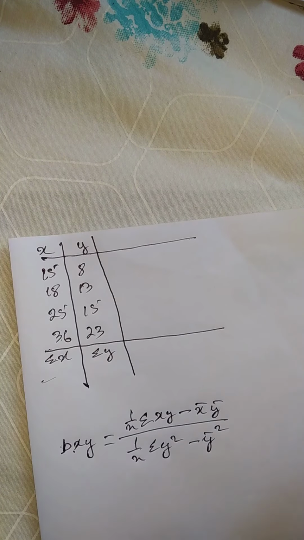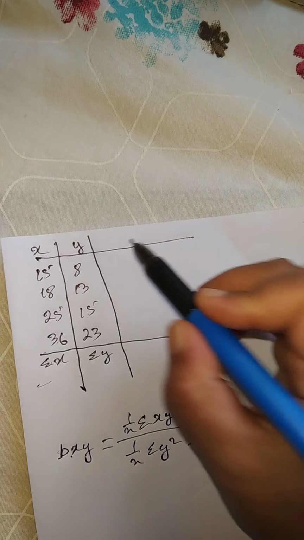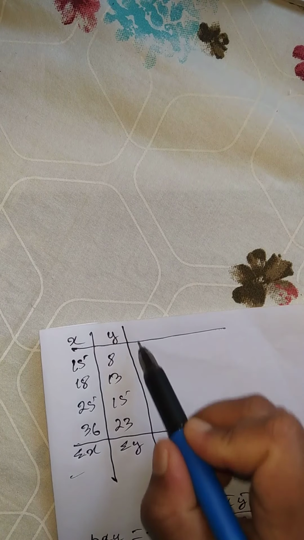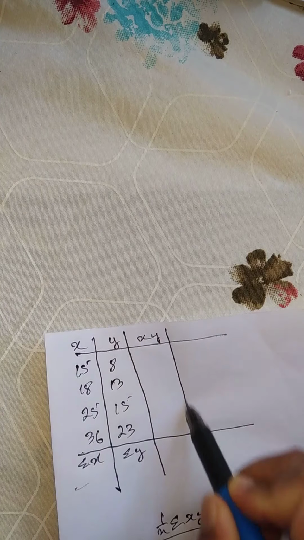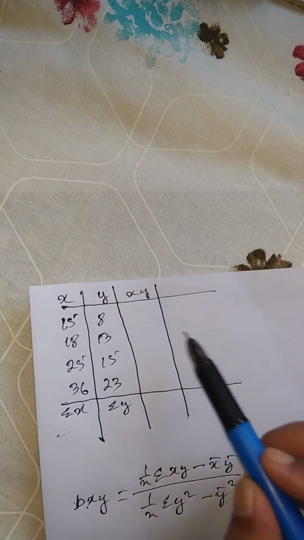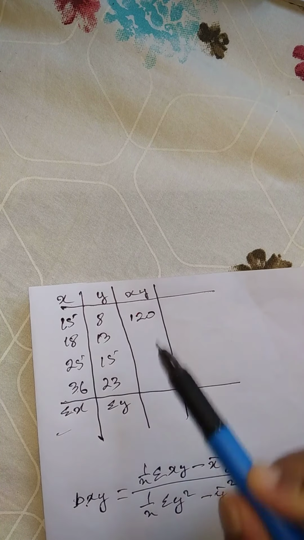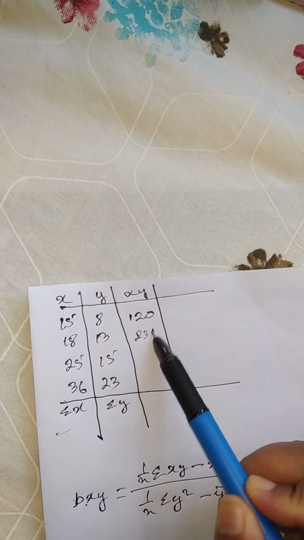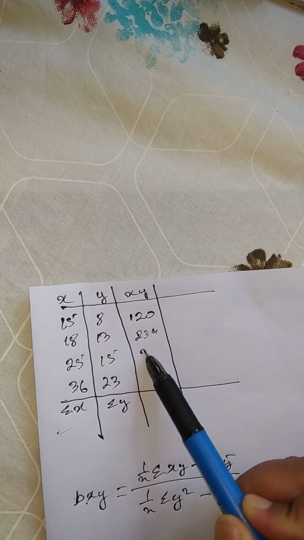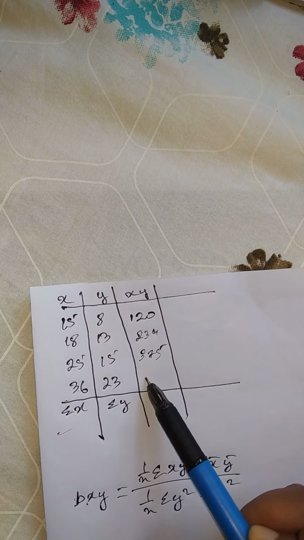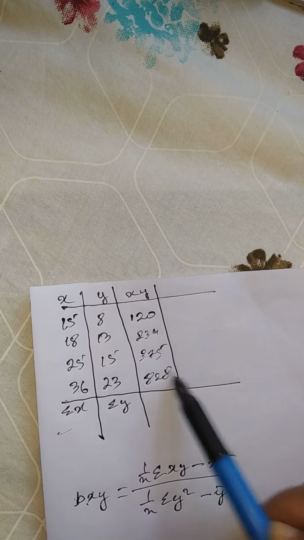So first let us find out the value of xy. Xy you will get 120, 234, 375, and then 828.